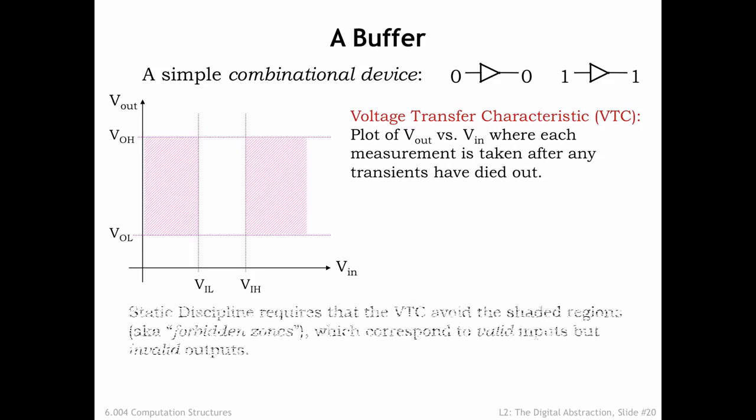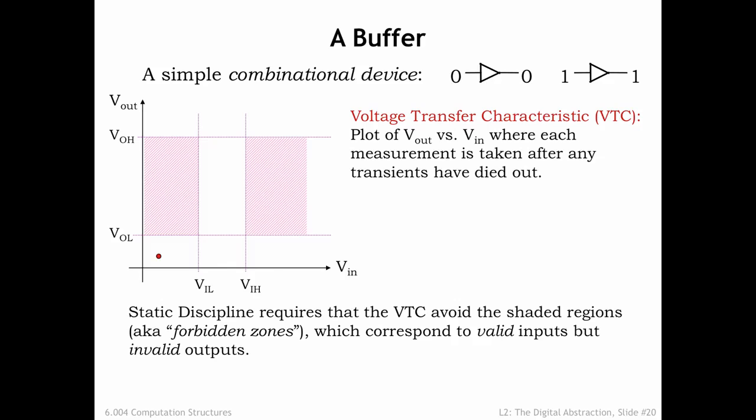We can show this graphically as shaded forbidden regions on our graph. Points in these regions correspond to valid digital input voltages, but invalid digital output voltages. So if we're measuring a legal combinational device, none of the points in its voltage transfer characteristic will fall within these regions. Okay, back to our buffer.